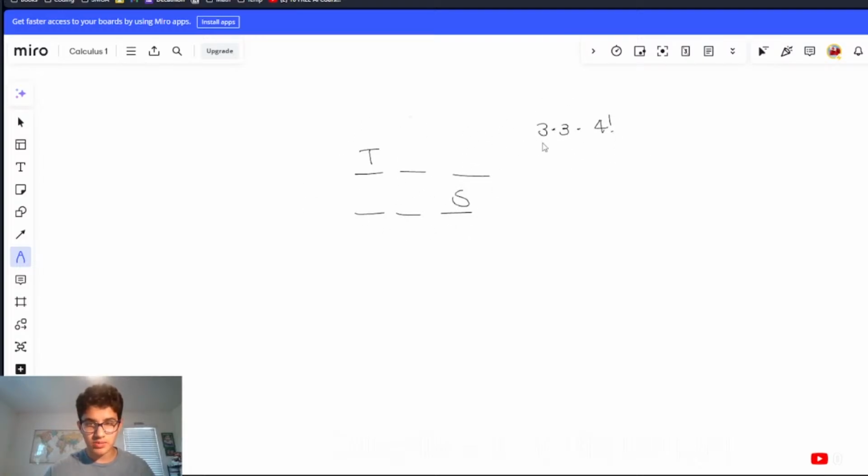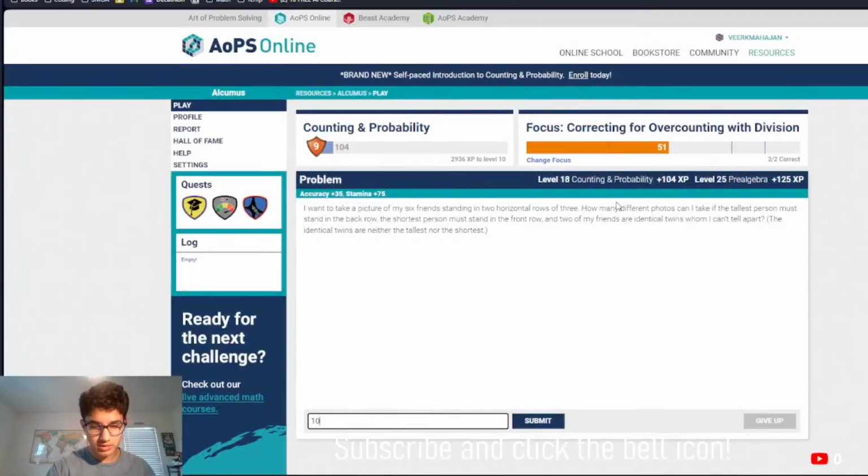Now, since they're identical twins, we need to divide by 2 because, let's call the twins T1 and T2. Half the cases will be like this with T1 here, half of them will be like this, T2 and T1. So basically you just divide by 2. So it's 3 times 3 times 24 over 2. So that's 9 times 12, which is 108.